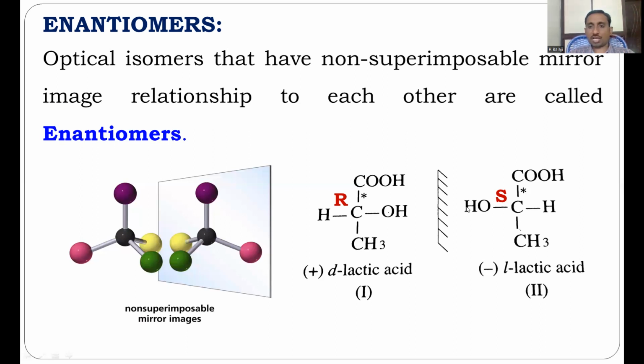The S and R configurations are mirror images of each other, and one molecule reflected onto the other is not superimposable. So both are non-superimposable but have a mirror image relationship. It is called an enantiomeric pair. It is known as enantiomers.